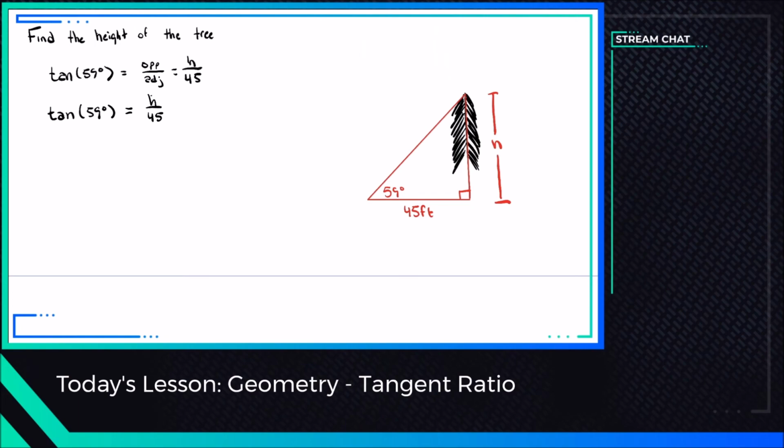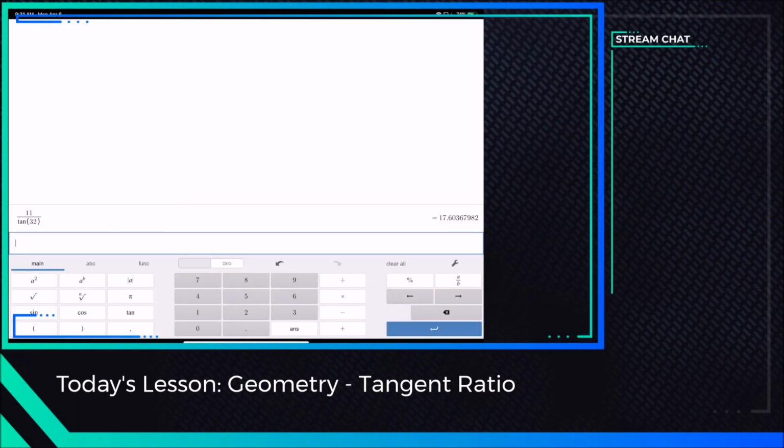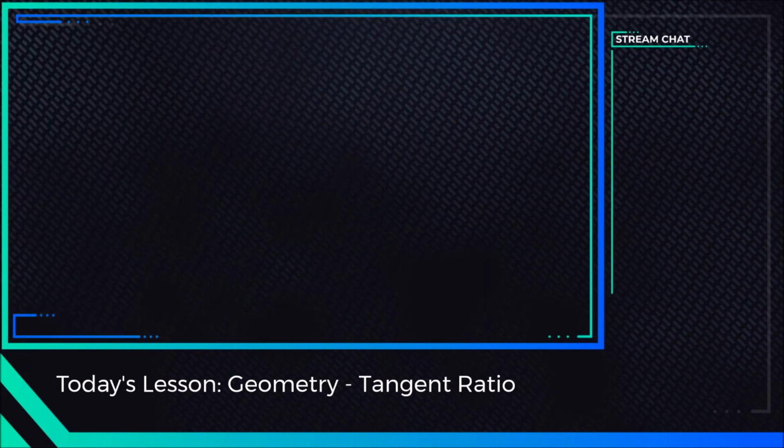And so now we need to isolate this H by taking 45 times the tangent of 59, which is equal to H. And if we go to our calculator, we can do 45 times the tangent of 59, and that is going to be equal to 74.89 feet.